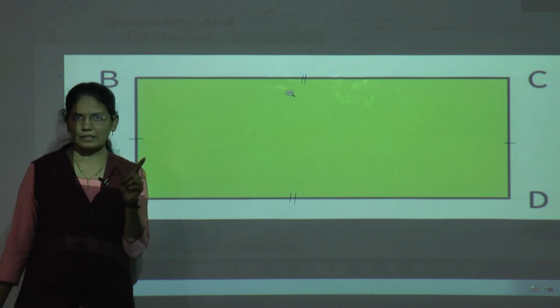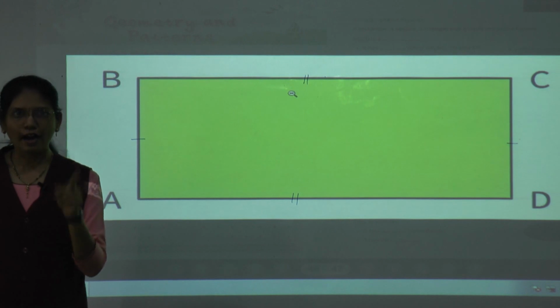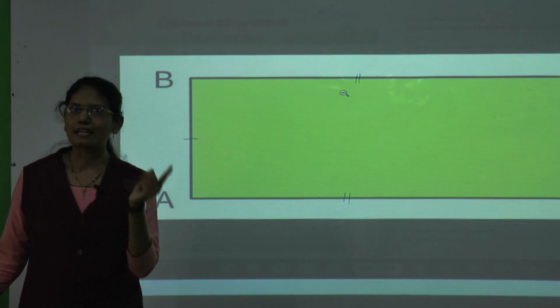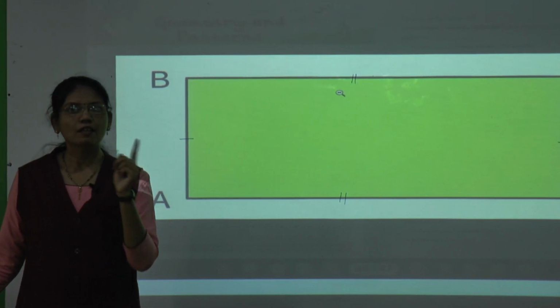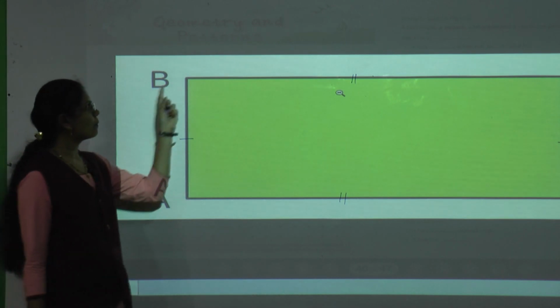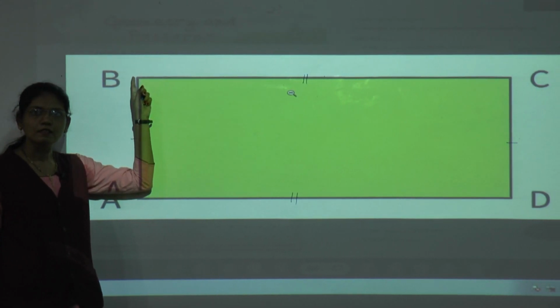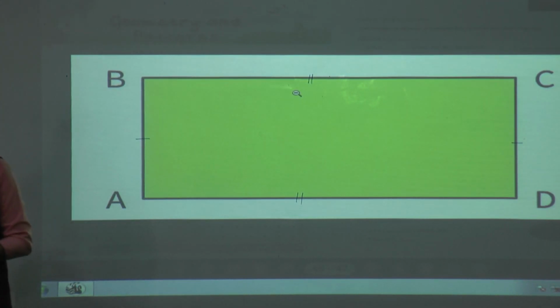So keep in your mind, a rectangle has 4 sides and the opposite sides of the rectangle are the same, equal in length. Now we will talk about the vertex, or it is also called corners.